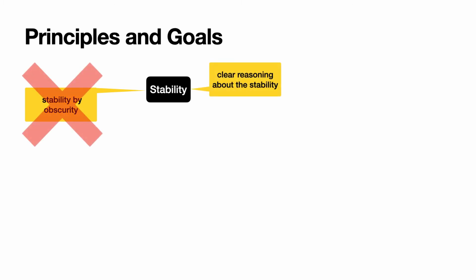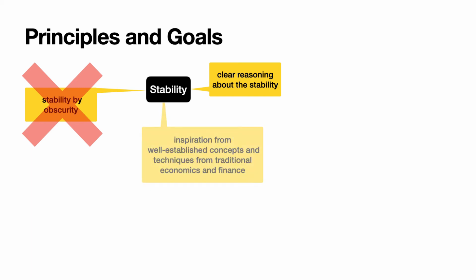Instead, we are aiming to do something where you can reason very clearly about the stability, so that you can be confident that it's stable, and you can be confident about the conditions under which the stability holds. And as long as these conditions are true, the price of the stablecoin will be stable.